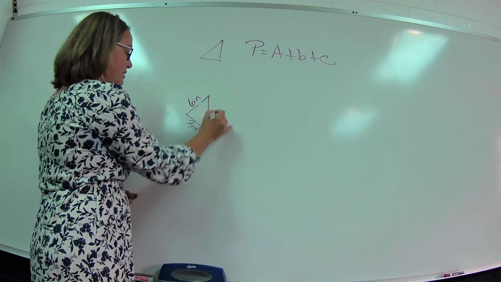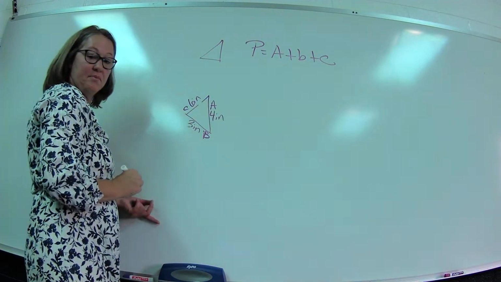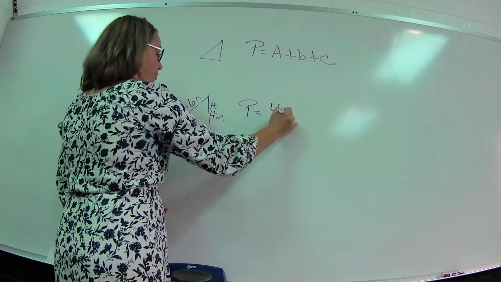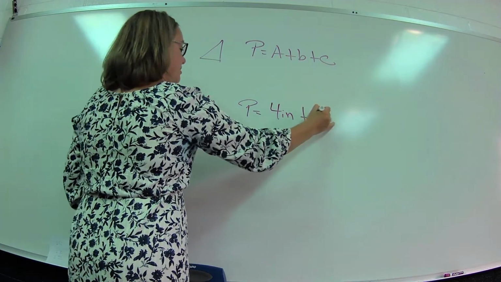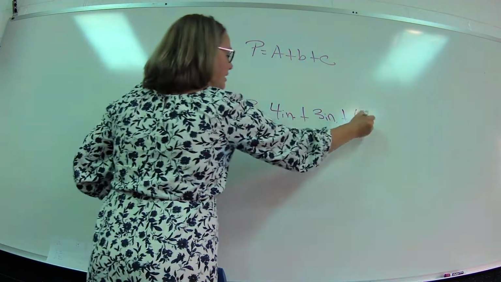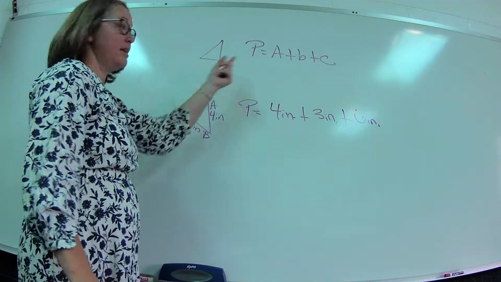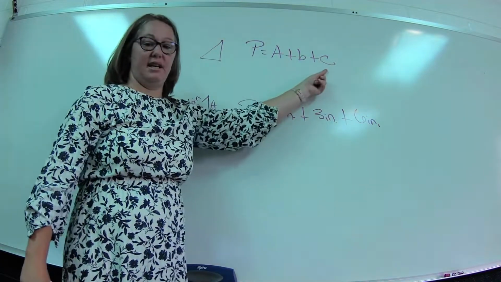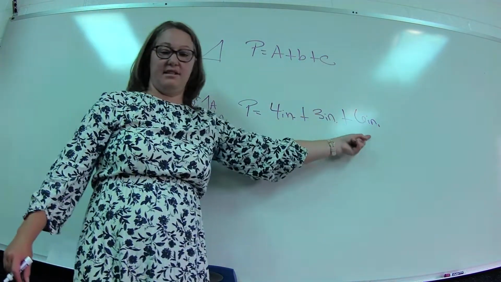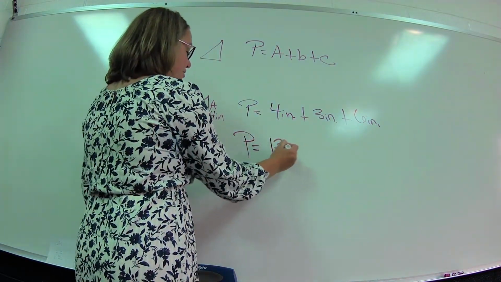This time, though, I'm going to say this is A, B, and C. Okay? So now I have P equals 4 inches plus 3 inches plus 6 inches. My formula for a triangle, A plus B plus C. I plugged in my values. I was given 4 inches, 3 inches, and 6 inches. So now I have P equals 13 inches.